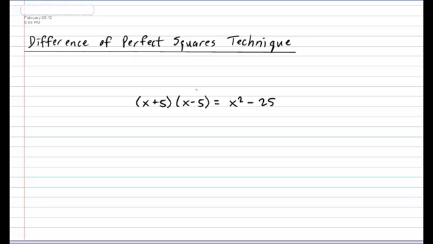If you consider that the multiplication is going forward, then the reversal, going backwards, can be considered the factoring.